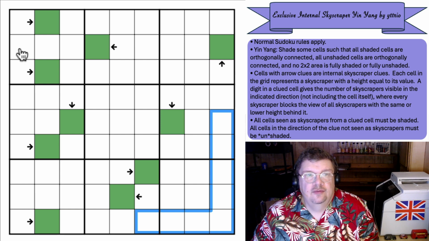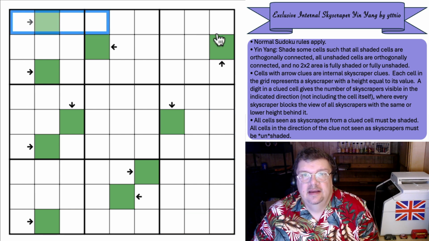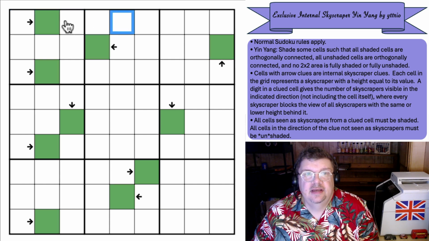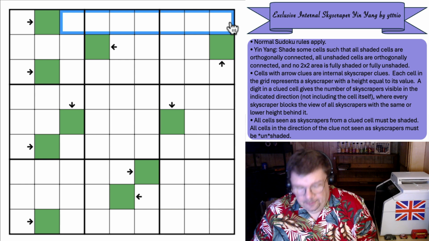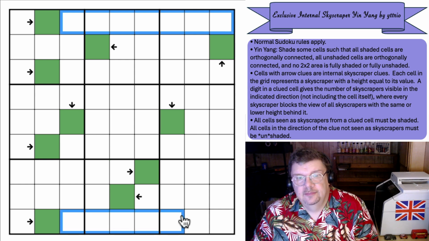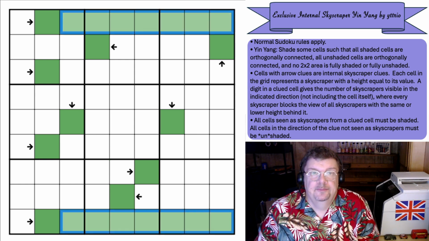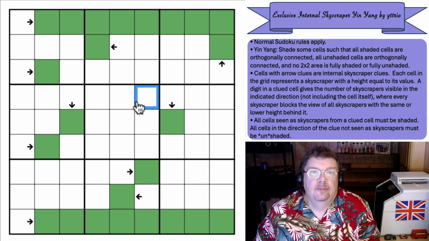Okay, first of all, it can't be completely shaded, because if it's completely shaded, then in particular, all of this and all of this will be shaded. And why is that a problem?